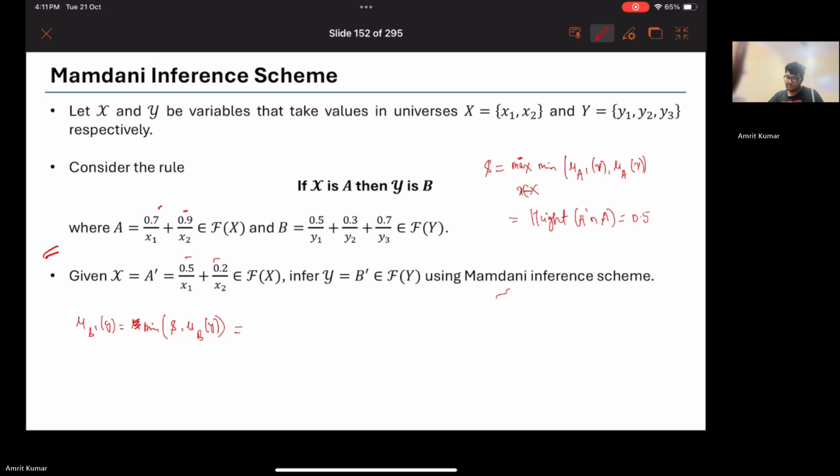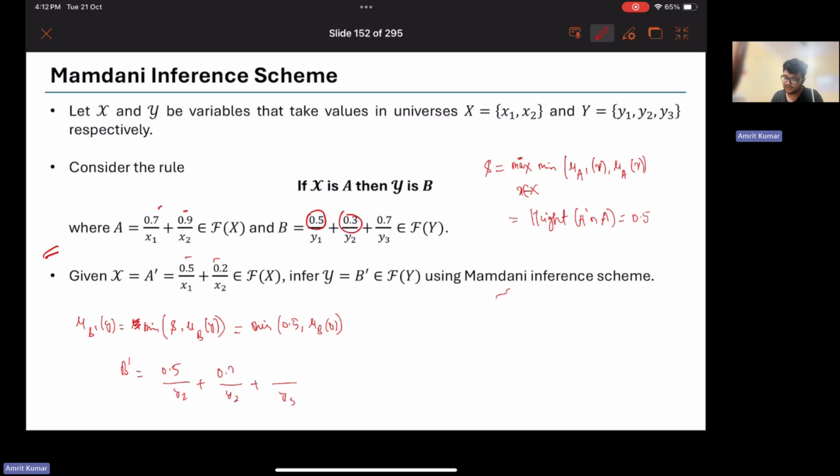So this is nothing but minimum of 0.5 comma mu B. And therefore, B dash would be: the membership of Y1 in B dash is minimum of 0.5 with 0.5. So this is 0.5. Membership of Y2 in B dash is minimum of 0.5 and 0.3.